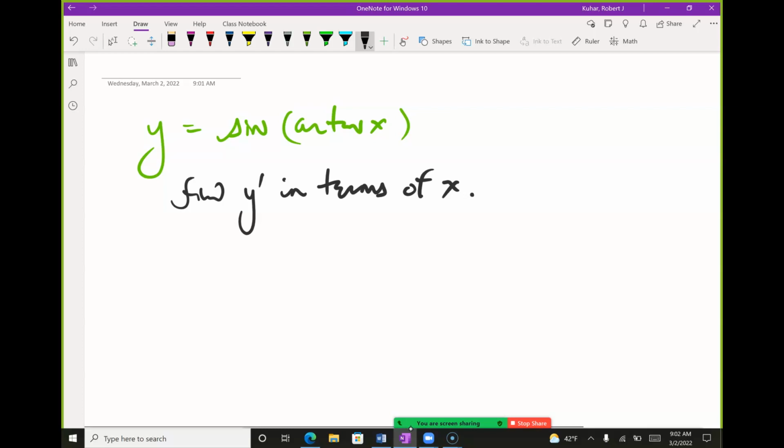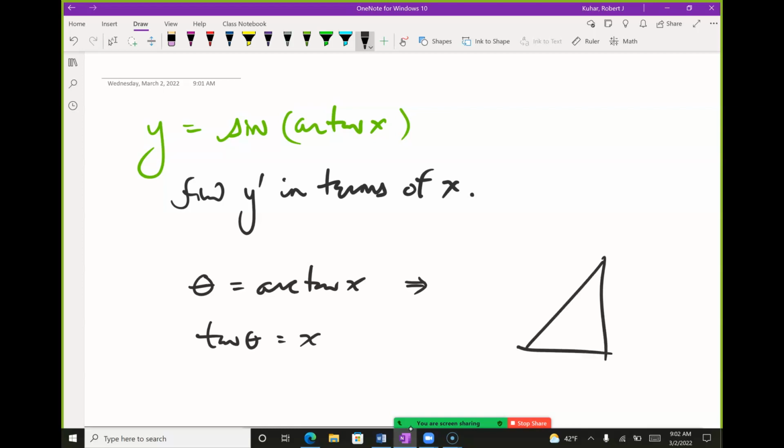And if I have a trig, I have a triangle. So I like to say that theta is arctan of x. But I don't think in terms of arctans, I think in terms of tan. So tangent of theta has got to be x, which means I have a triangle: an angle of theta, a ratio of x over 1 for tangent, and the remaining side of square root of 1 plus x squared.